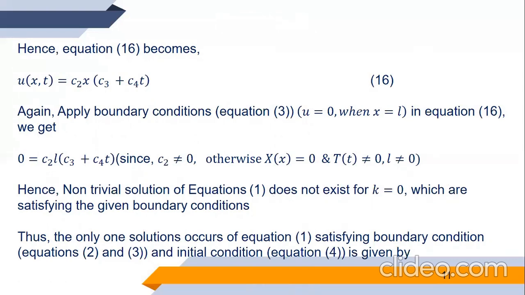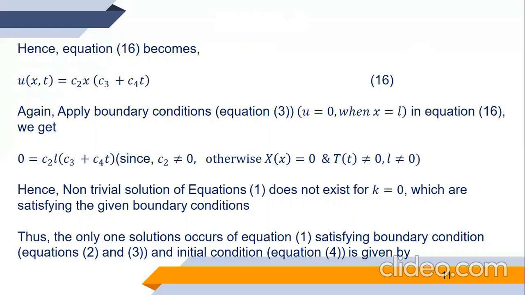Again we apply the boundary condition equation 3, then we get 0 = c2 L (c3 + c4t), where c2 is not equal to 0, L is not equal to 0, and this form is nothing but T of t, and T of t is obviously not equal to 0. Therefore, the non-trivial solution of equation 1 does not exist for k equal to 0 satisfying the given boundary conditions.